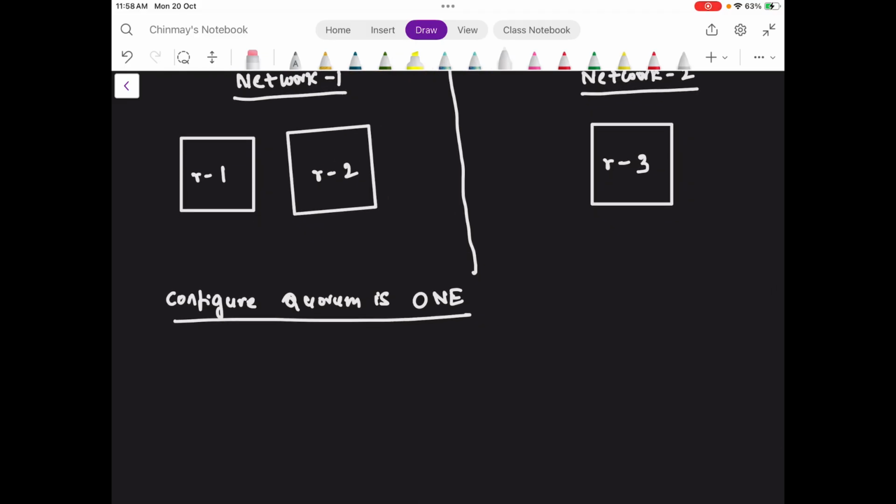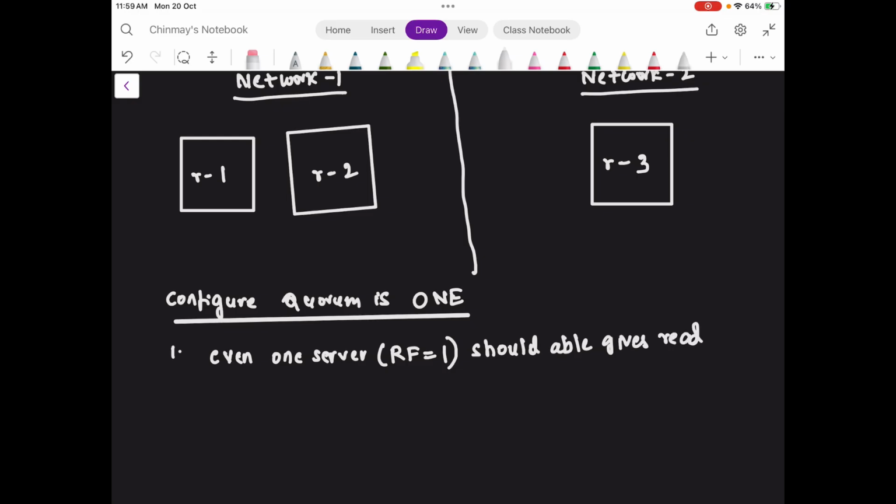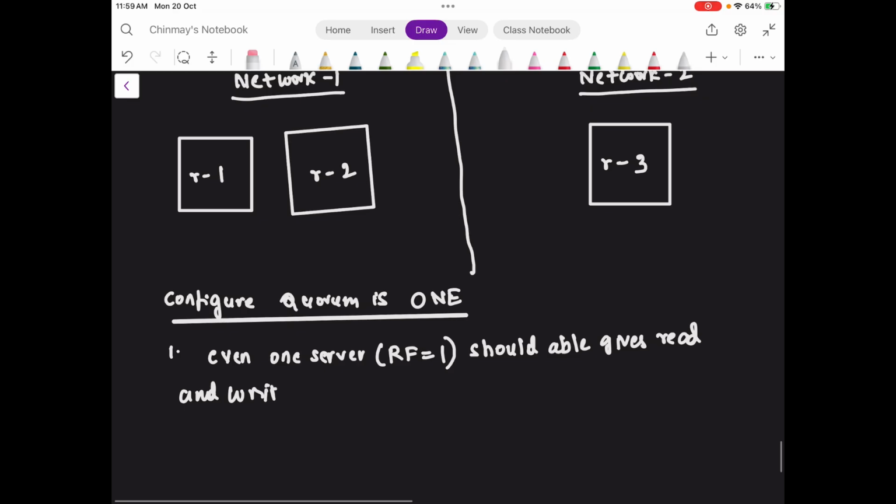Quorum is 1. That means even one server, or replication factor equal to 1, should be able to give read and write responses.